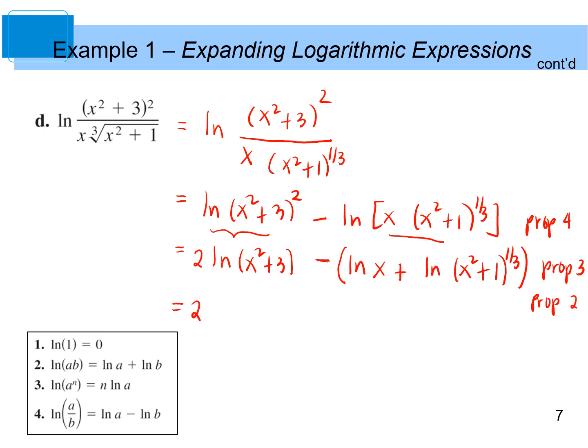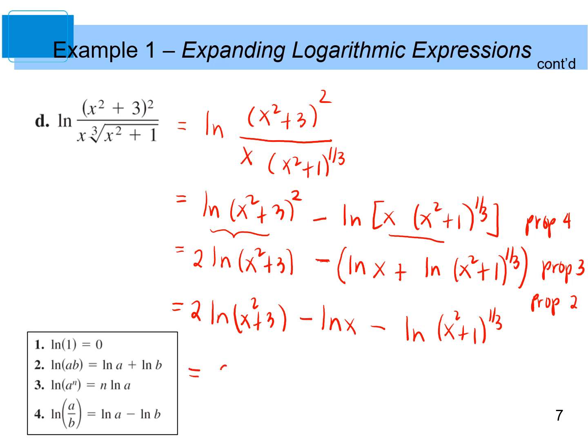Continuing, we have 2 times the ln of x squared plus 3. We distribute the minus here, so it becomes minus ln of x, and then we have minus ln of (x squared plus 1) raised to 1 over 3. So we just distributed our operation.